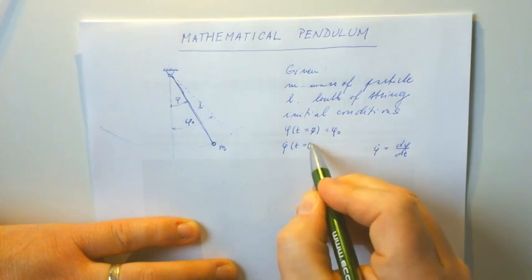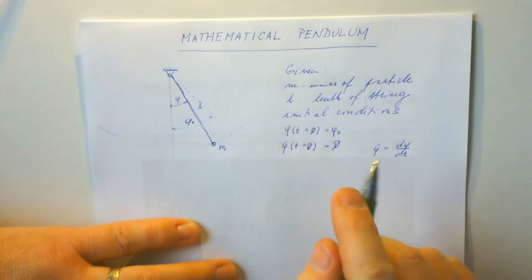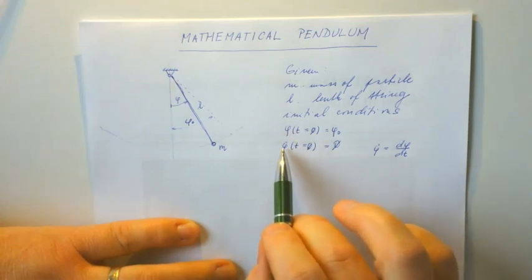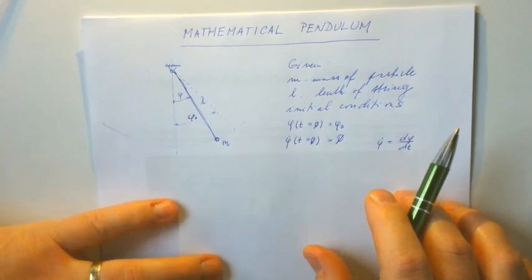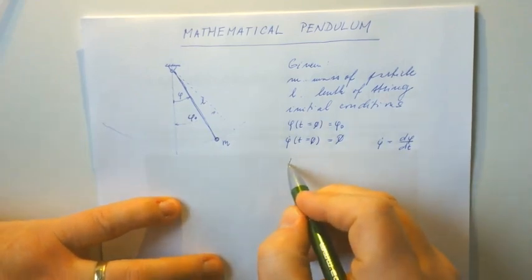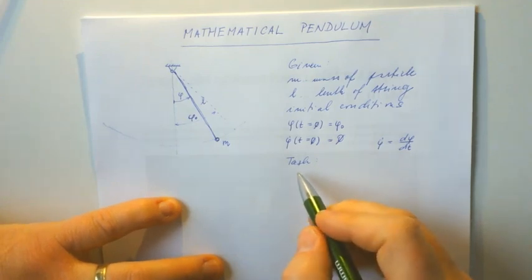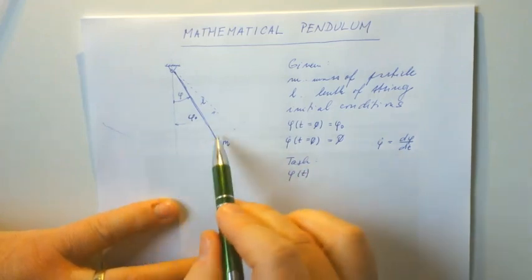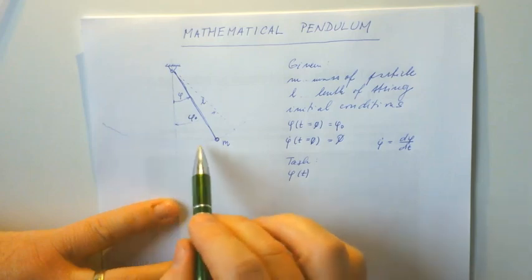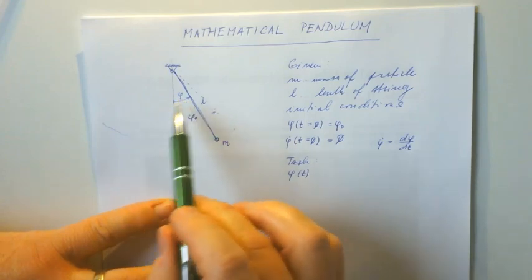At time equals 0, let's say it was 0. So it is second initial condition. And the task is to find motion of pendulum in time. So how it moves, how angle phi changes during the time.